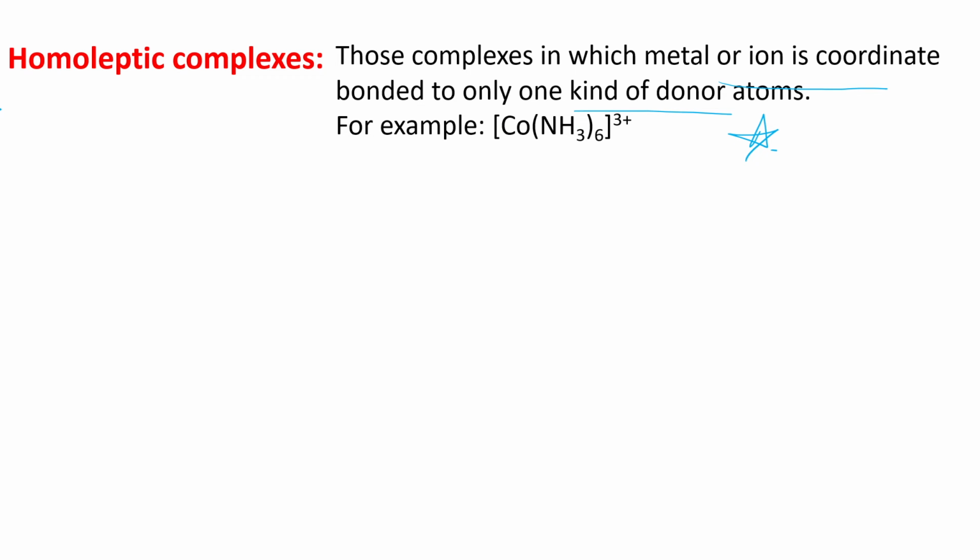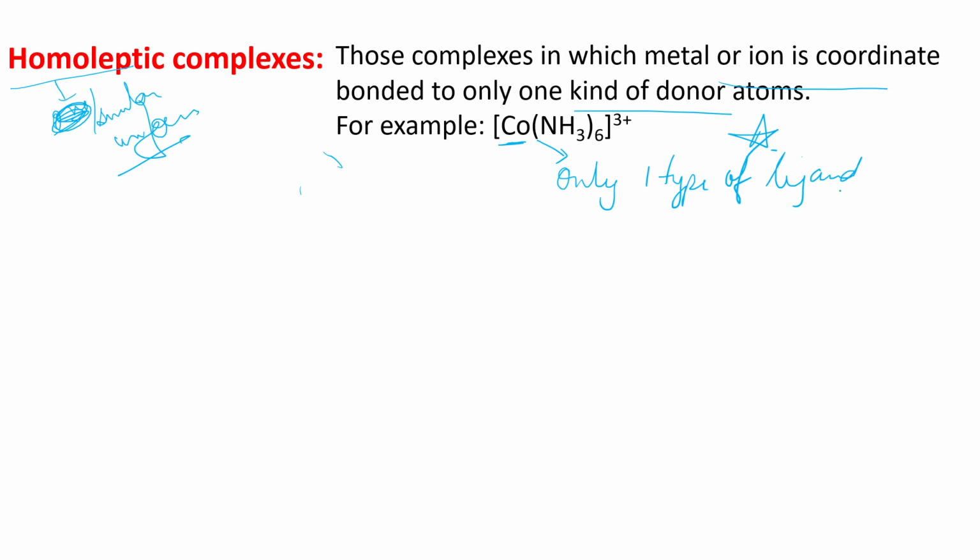Homo means one or similar, uniform, you can say. So cobalt over here is binding to only one type of ligand, that is ammonia. All six are ammonia only.